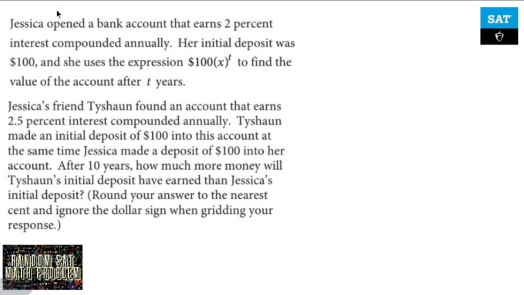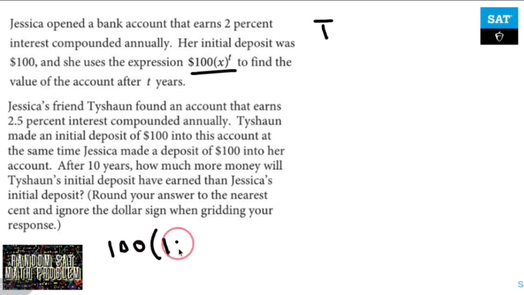Let's discuss Tyshawn. We'll do Tyshawn, T for Tyshawn. This formula comes from the compound interest formula. Since this is being done annually, I can use the idea that we start out with $100, right?